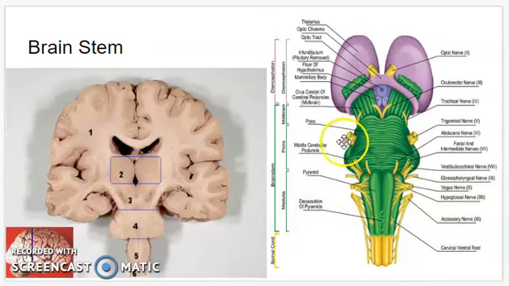This is that big old thing. There are a whole lot of nerves that come off of your brainstem. And some of these nerves connect straight into the brain, like your trigeminal and your oculomotor and your optic and trochlear. They all just go straight up into the skull, which is what you'll learn about in your next unit.